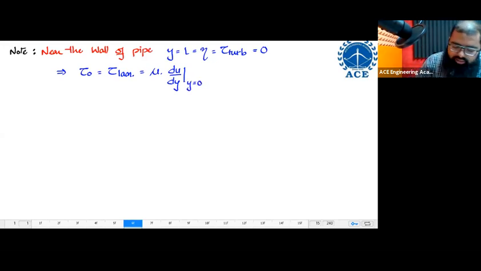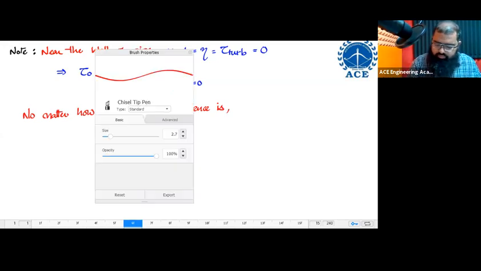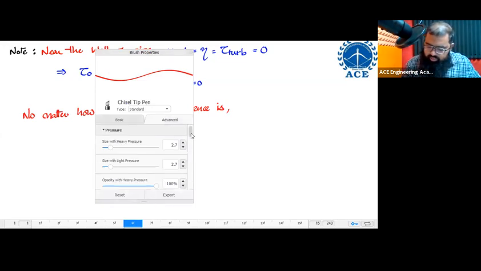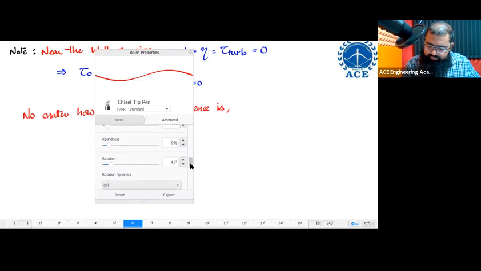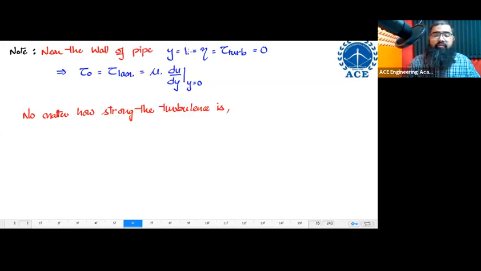Now from here I can conclude that no matter how strong the turbulence is, please remember that you are going to have laminar characteristics at the wall of the pipe.